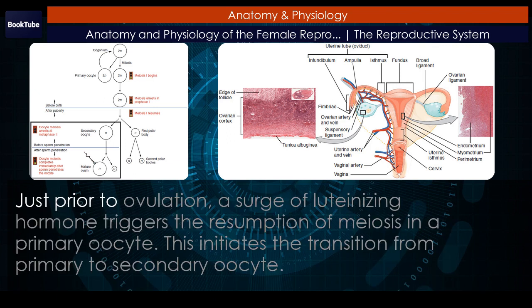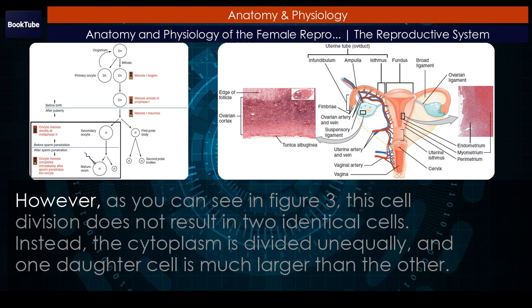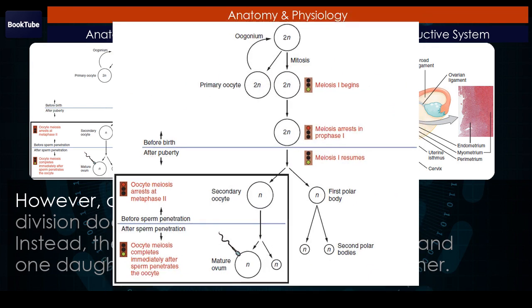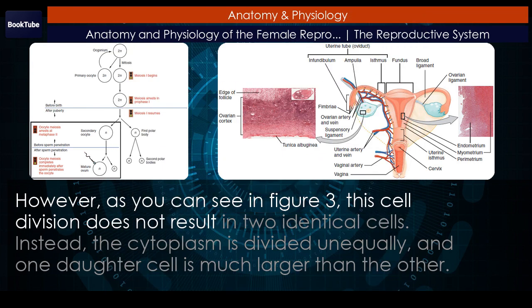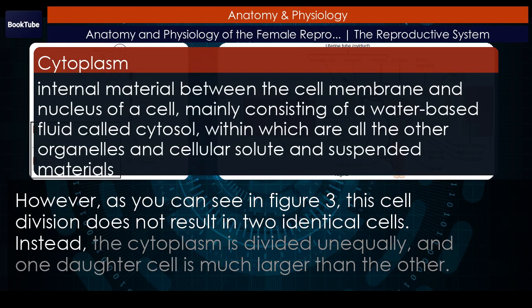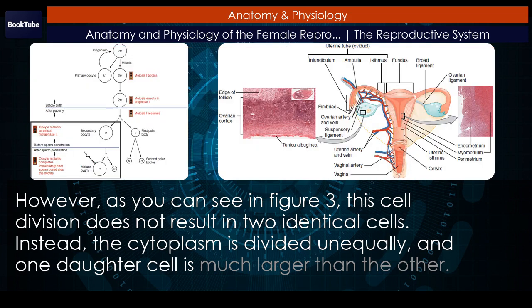Just prior to ovulation, a surge of luteinizing hormone triggers the resumption of meiosis in a primary oocyte. This initiates the transition from primary to secondary oocyte. However, as you can see in Figure 3, this cell division does not result in two identical cells. Instead, the cytoplasm is divided unequally, and one daughter cell is much larger than the other.